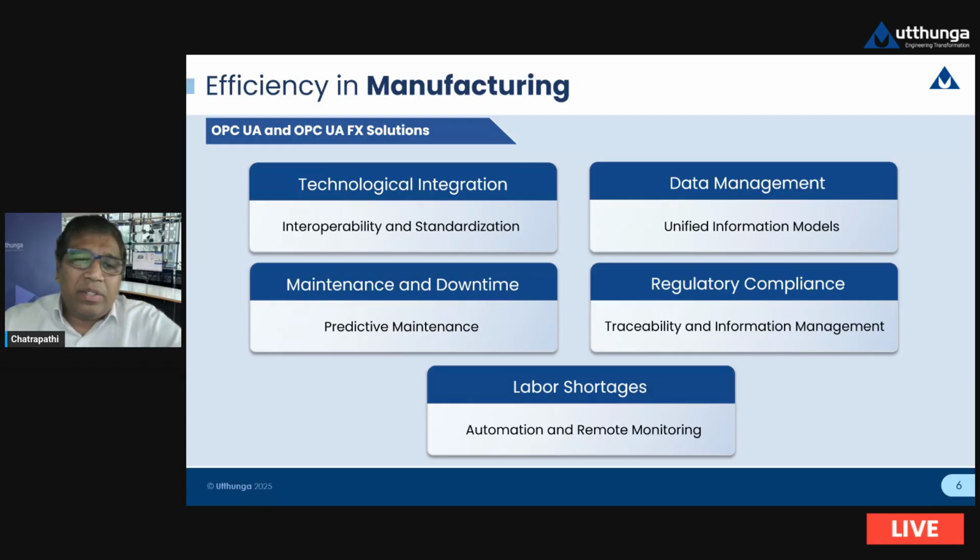Having the capability to trace each and every unit that has been produced throughout the production process makes it easy to comply with regulatory requirements. So OPC UA and OPC UA FX together ensure secure and standardized information exchange that is usable for maintaining regulatory compliances.